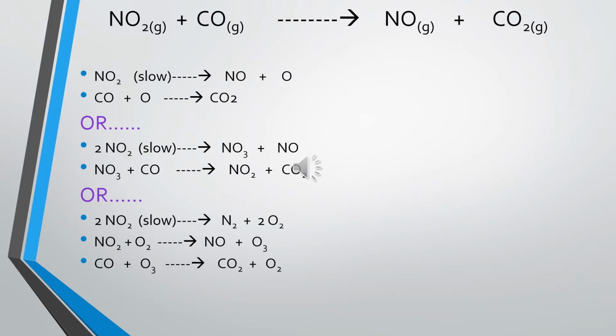Mechanisms are comprised of one or more what are called elementary steps. And an elementary step is what it sounds like. It's a chemical transformation that can't be further broken down. Before, when I showed you this example, I said this is an overall transformation and not a mechanism.